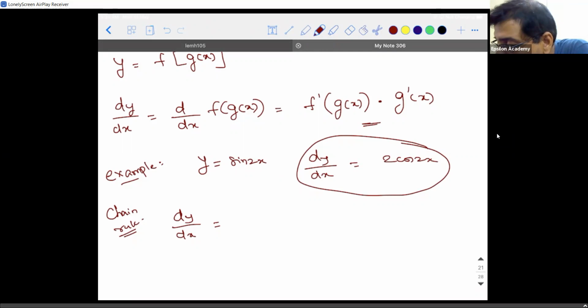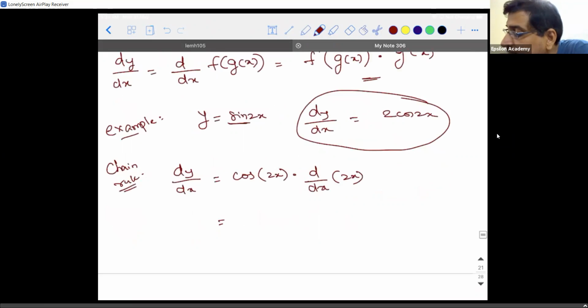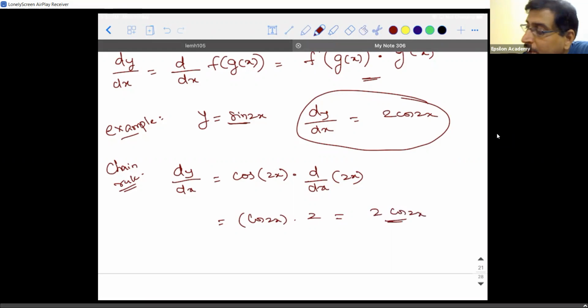The function f is nothing but sine. What is the derivative of sine? I'm not asking what is the derivative of sine x. What is the derivative of sine? Cos. Cos of the same argument, 2x, which is g of x, into d by dx of 2x. So this is cos 2x into the derivative of 2x, which is 2. What is the answer? 2 cos 2x. The same answer. Like that, if I change the argument also, it's not a big deal.